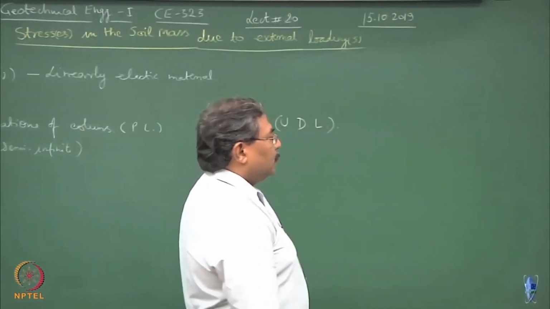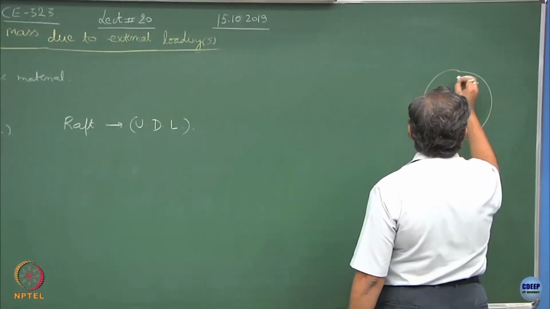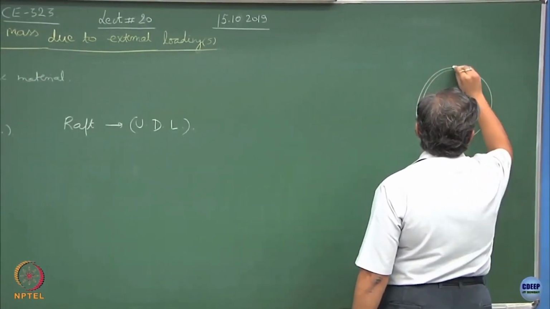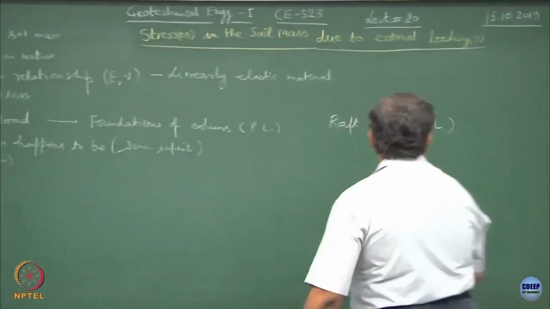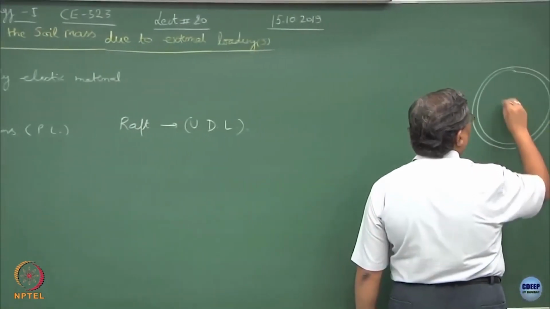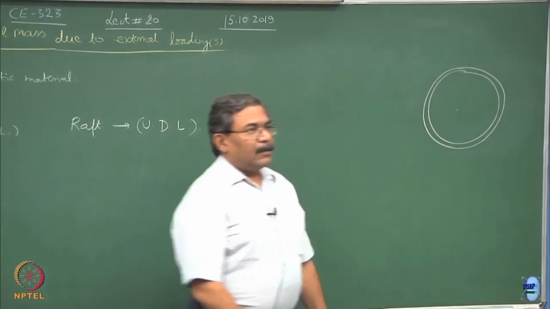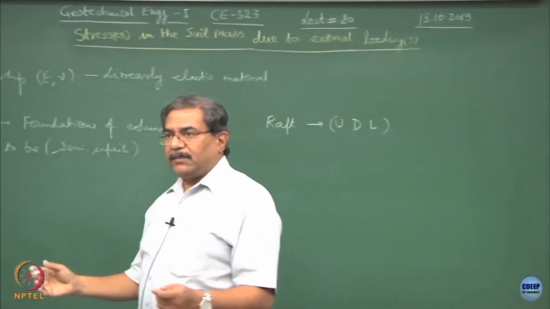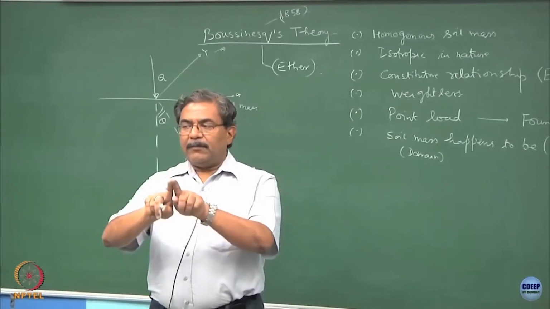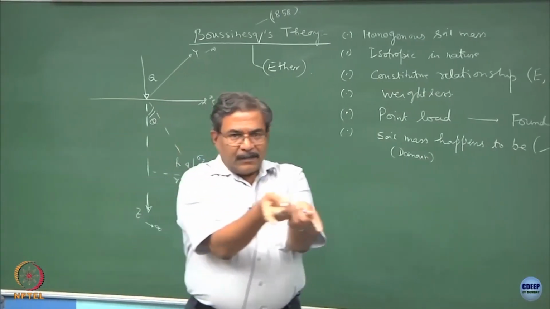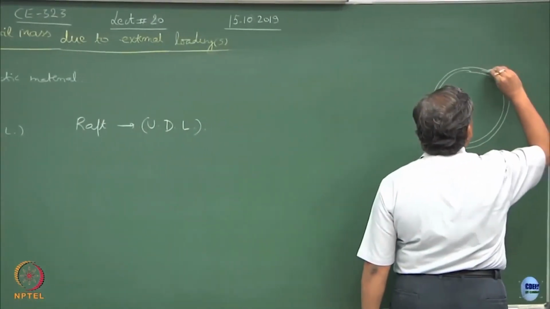So, suppose I give you a ring of finite thickness, and suppose this is a pipe which is carrying some fluid, and if I ask you to show the annular stresses, we call them hoop stresses. Hoop stresses will be acting in the periphery, circumference, alright.